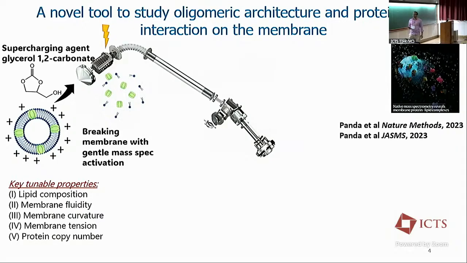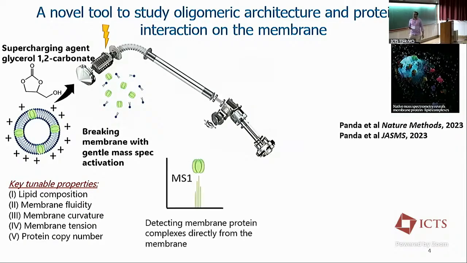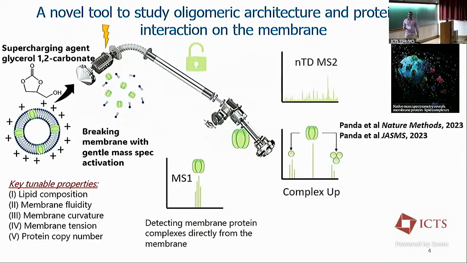As you are detecting the protein by ablating it in the front end, your quadrupole is free, and you can isolate any protein-lipid complex in the quadrupole and bring it to the collision cell, where you can do an MS/MS top-down experiment to unambiguously determine the lipid ID.